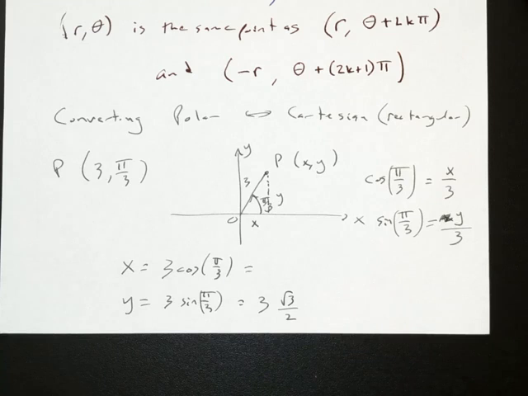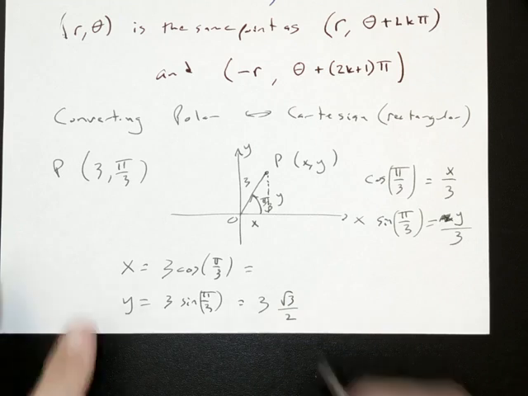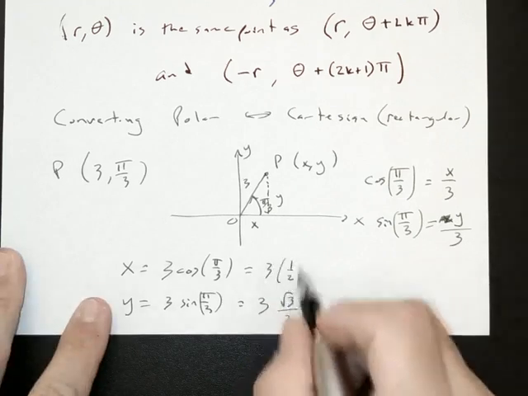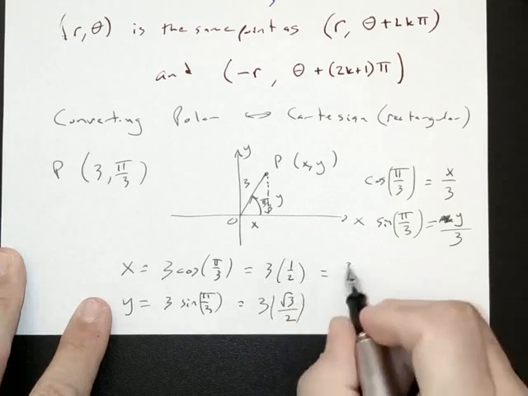Cosine starts with your thumb and counts down. 0, 1, 2, 3. So 0, 1 to get to pi over 3, square root of 1 is 1. Cosine of pi over 3 is 1/2.